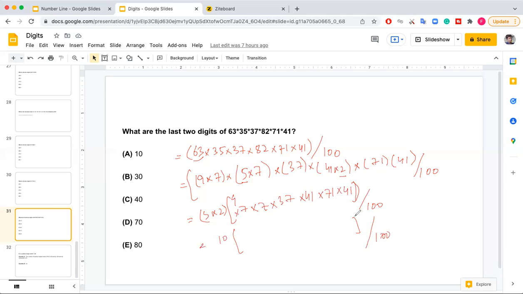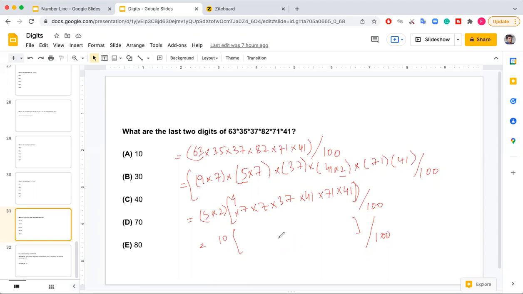So how can you find that? The unit digit of the right-hand side multiplication will be the tens digit of the whole number.